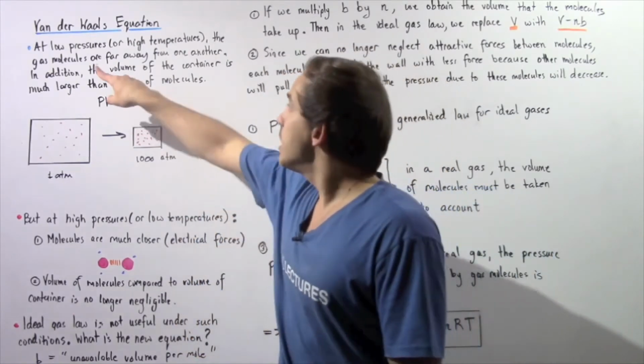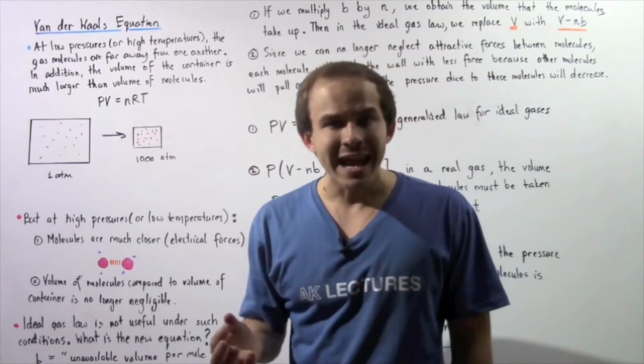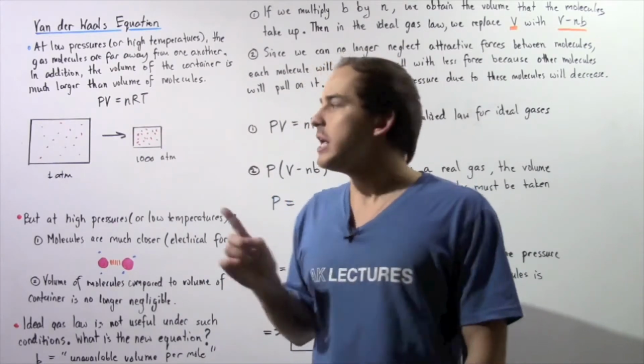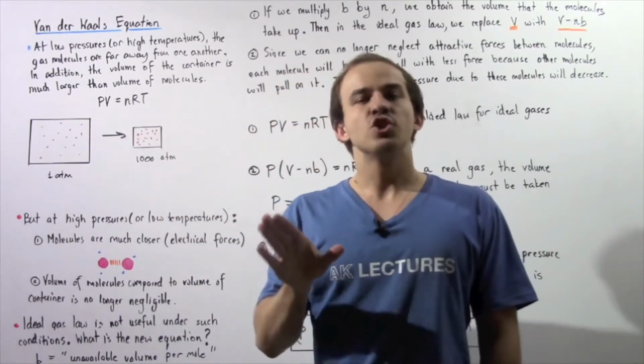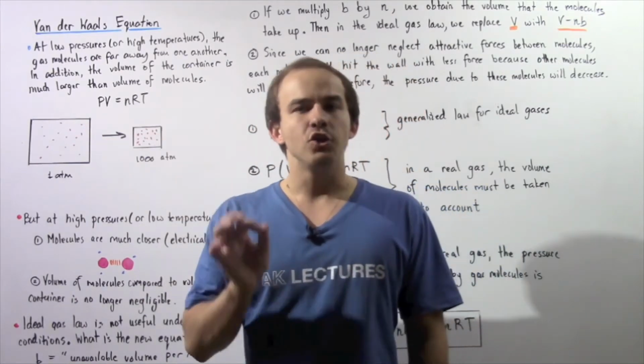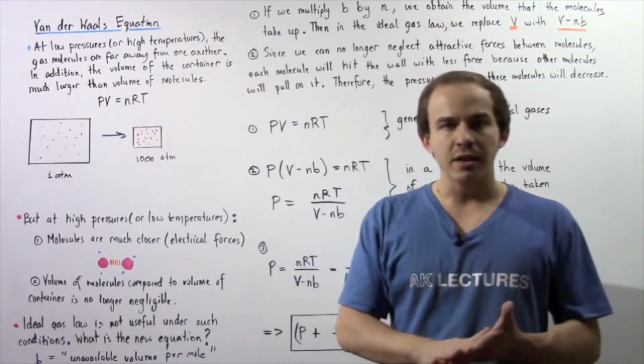In addition, the volume of the container is much larger than the volume that the gas molecules take up. So we can neglect the volume of our real gas molecules.